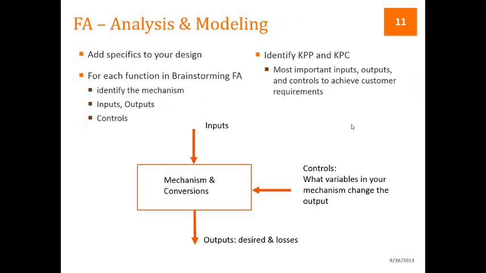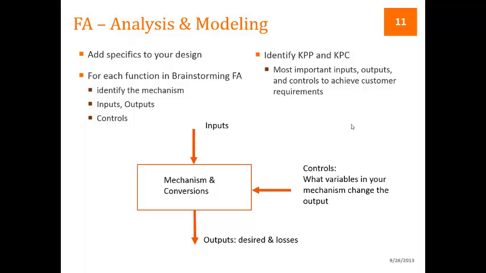So in the analysis stage, now we're going to start actually talking about the mechanisms that are going to do this. So we've chosen the roof, for example, as the mechanism. And we can talk about how the roof is going to allow us to take these raindrops and convert them into some volume of water. That's the conversion that we're talking about. So we're adding the specifics from our brainstorming into our analysis.